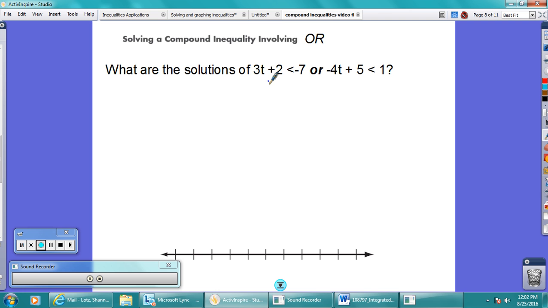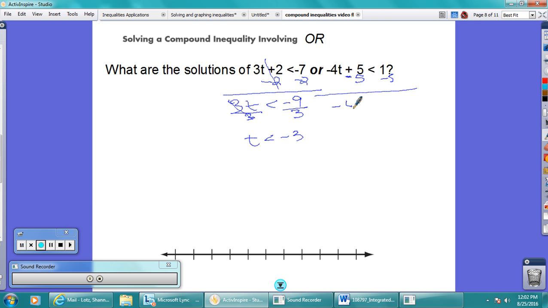Okay? Here we would subtract 2 from both sides. A -7 and a -2 is a -9, right? Then we divide by a 3, divide by a 3. The 3's cancel, and I have t is less than -3. Or I go to the other side. I subtract 5, nothing's changed.